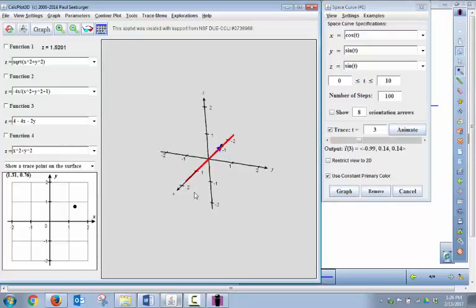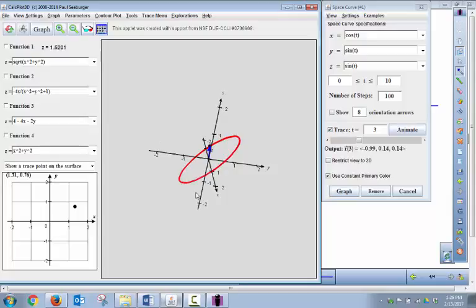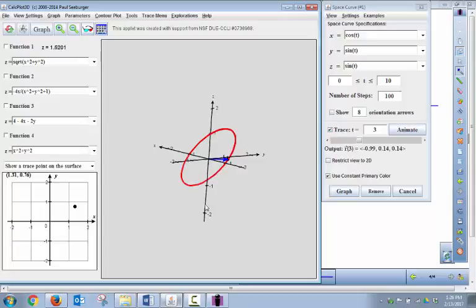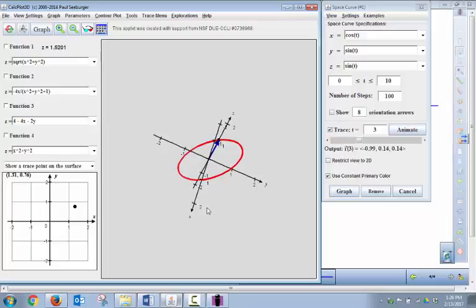Whoa, but it's lopsided. Well, it follows the circular motion along the z. This thing goes all the way up to 10. Let's just go to 2 pi, what is it, 6.28.